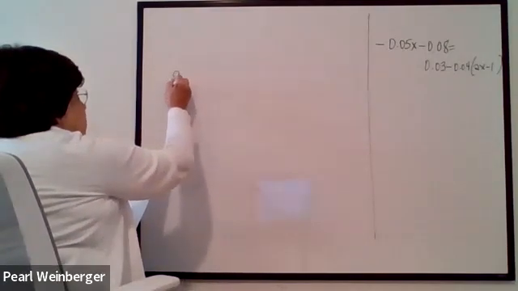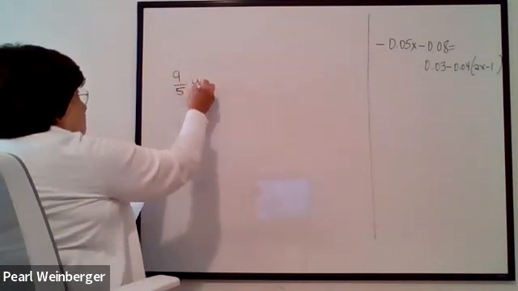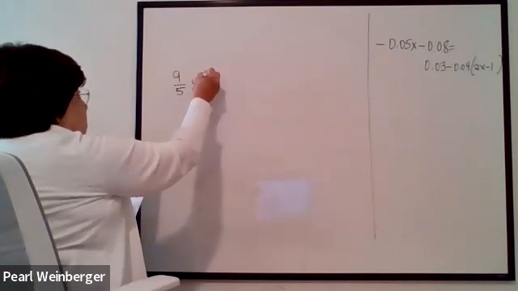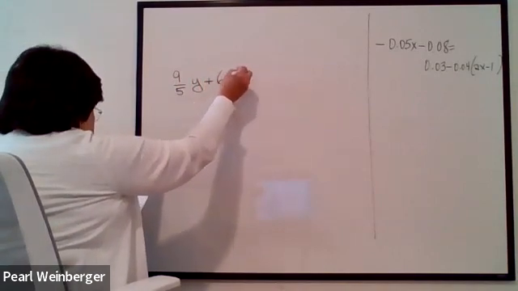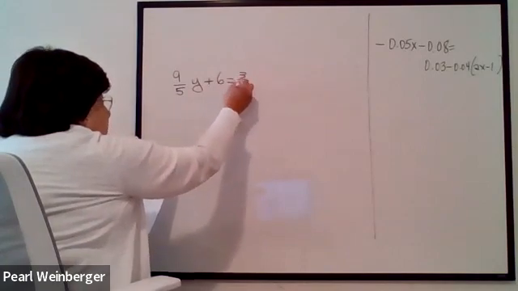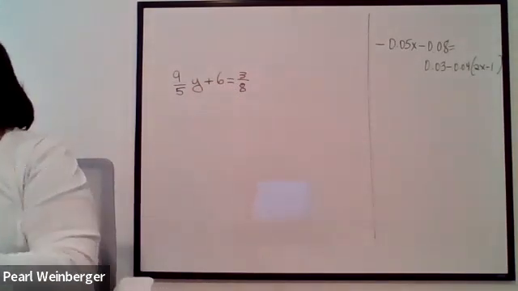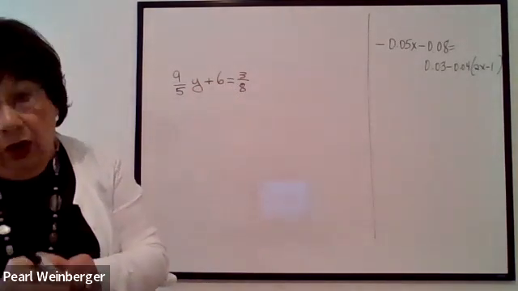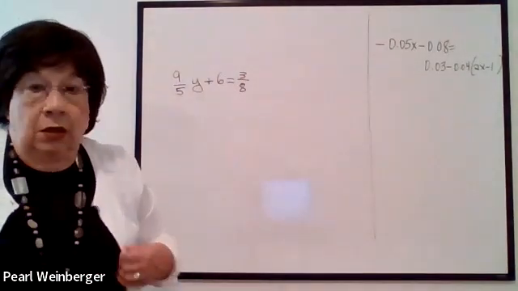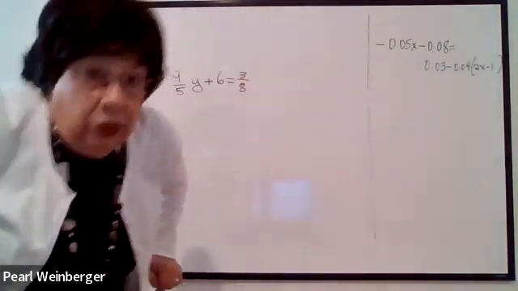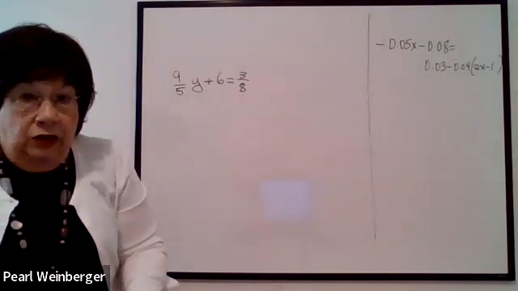Suppose I gave you this equation: 9/5 y plus 6 equals 3/8. Okay, this is a regular equation, and we're looking to solve this for y. It's not an absolute value equation. It's not an inequality. It's just a regular linear equation. The problem being that there are fractions in it.